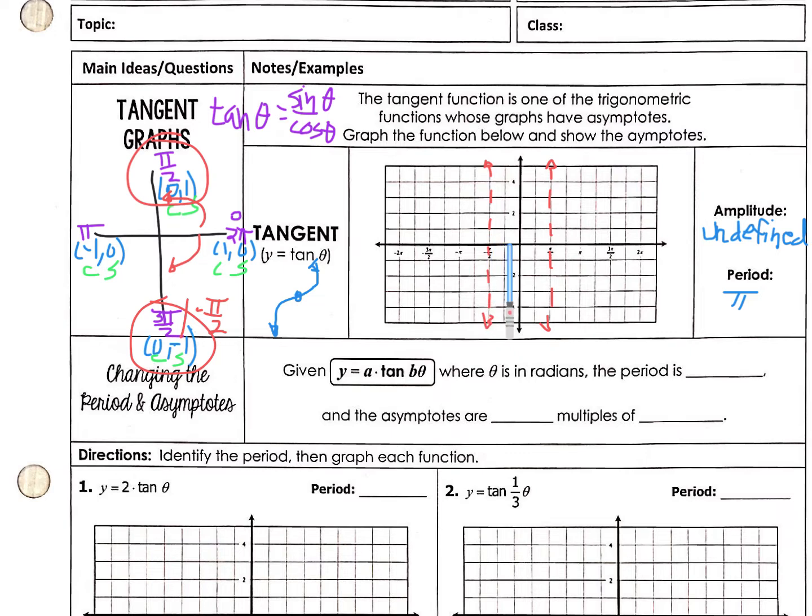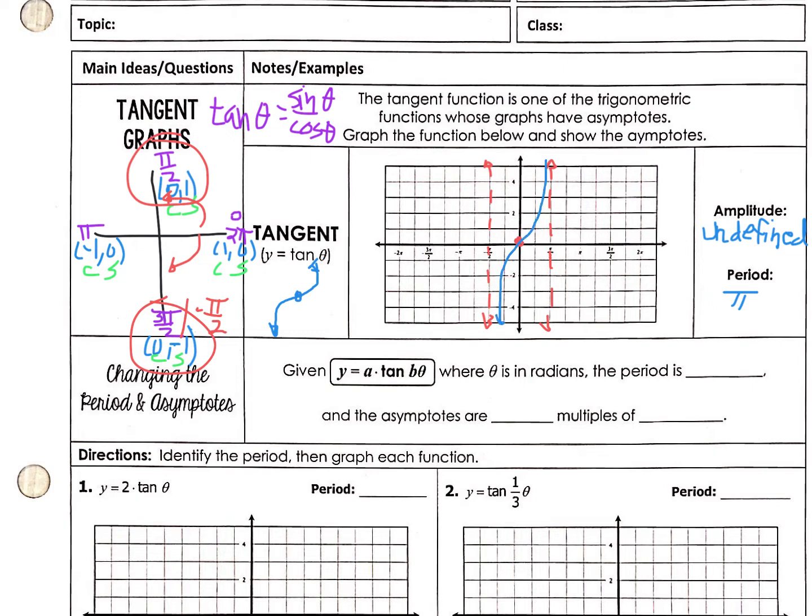Since it's a distance of 4 grid lines, halfway in between would be the origin right here. So I'm going to plot a point at the origin, and then all we have to do is let the asymptotes give our shape to the graph. So we're going to start up here, close to the asymptote, go through that point, and come back over here and approach the asymptotes, but not touch them.